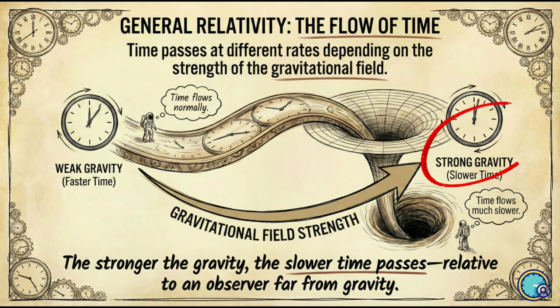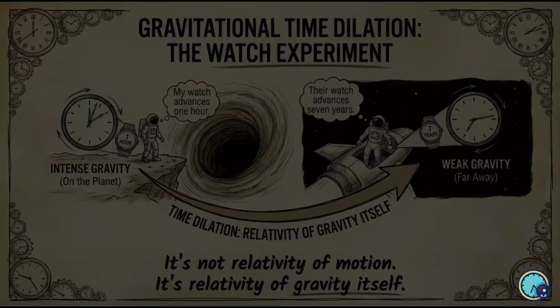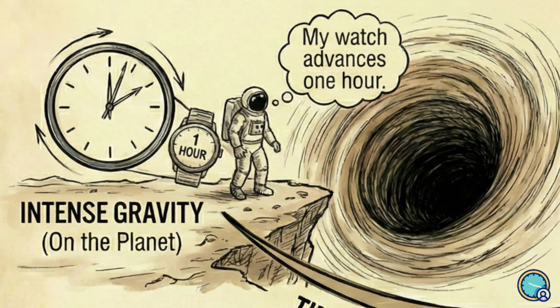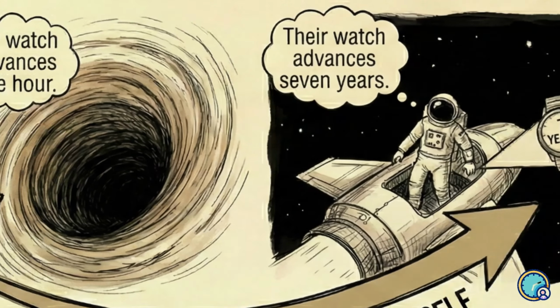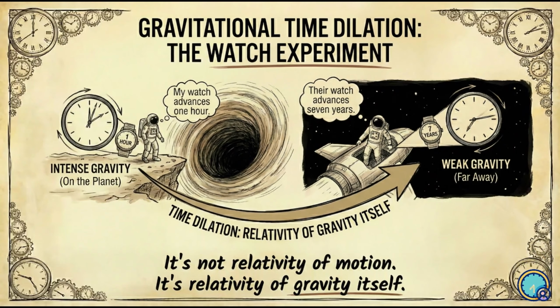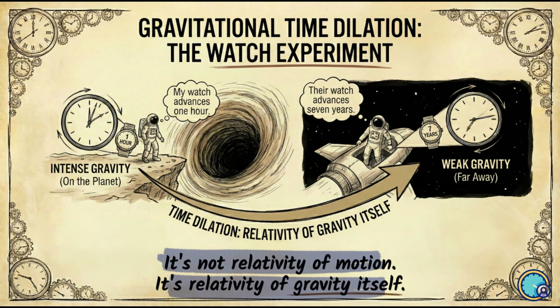The stronger the gravity, the slower time passes, relative to an observer far from gravity. This isn't about time feeling different, we're talking about time actually being different. If you spend an hour on a planet in intense gravity, your watch advances 1 hour, but someone far away from gravity, their watch advances 7 years. It's not relativity of motion, it's relativity of gravity itself.